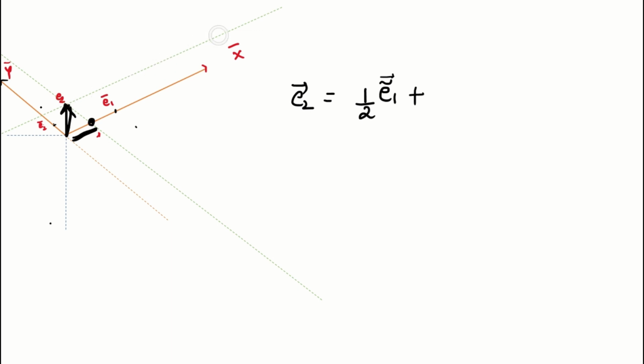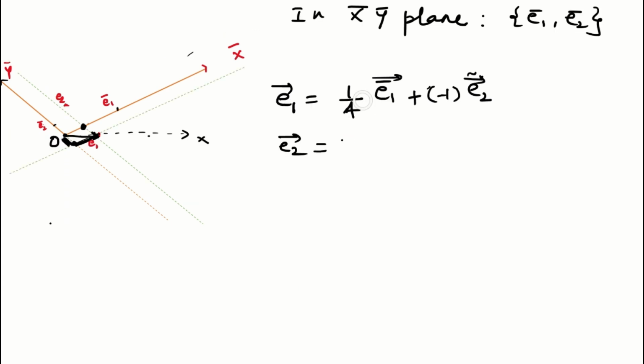So this dotted green line is parallel to the x bar axis, and where it is meeting, at this point, this much length, the complete length from this to this. How much is it? From this to this is E2 bar, so it is exactly 2 times E2 bar, right? So now we have the expression of E1, and what is the expression of E2? 1/2 E1 bar and 2 times E2 bar.